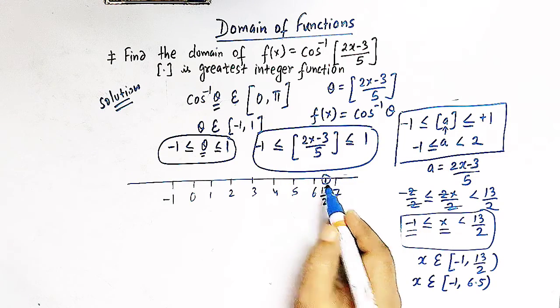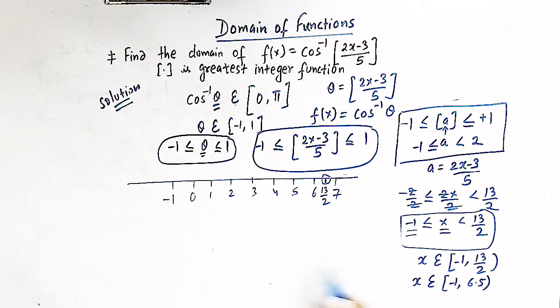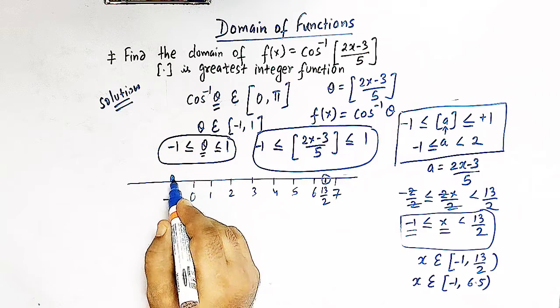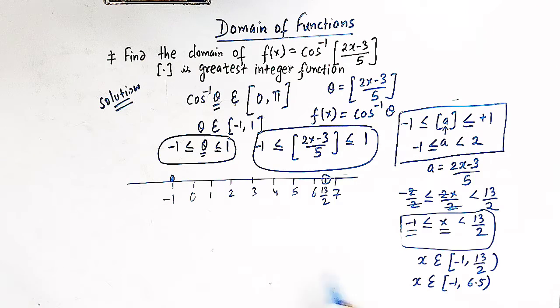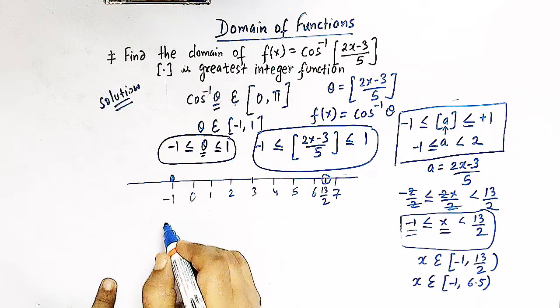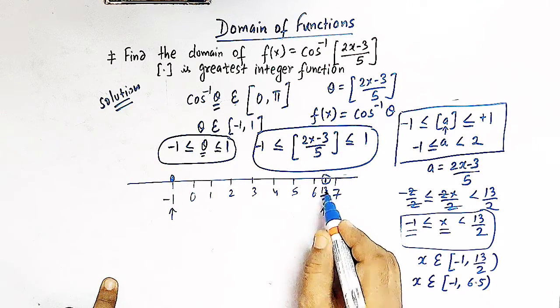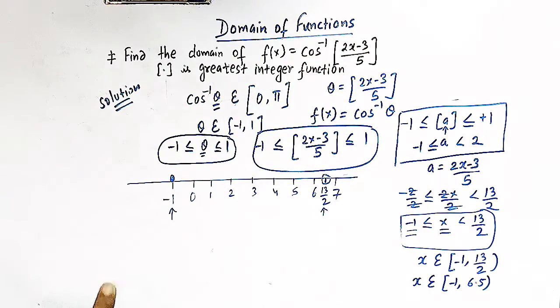It implies that 13 over 2 is not included, and here we have minus 1, right? And here we'll draw a dark circle which suggests that minus 1 is included, right? So all the values which lie between minus 1 and 13 over 2 belong to the domain of this function.